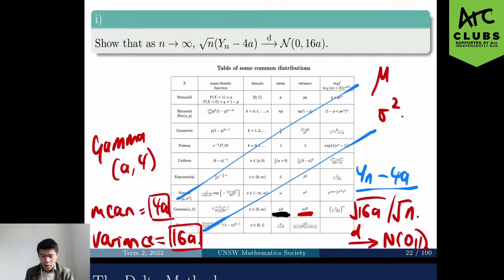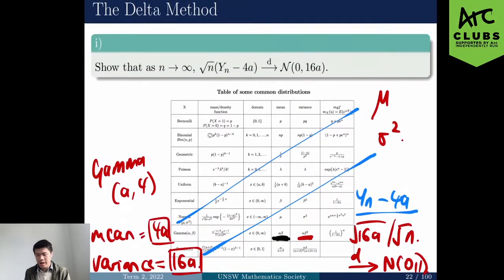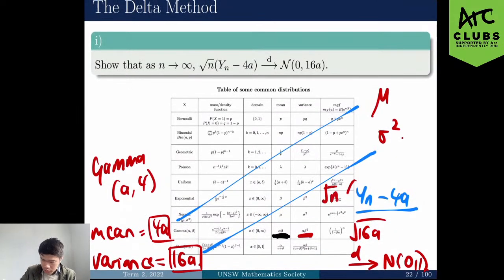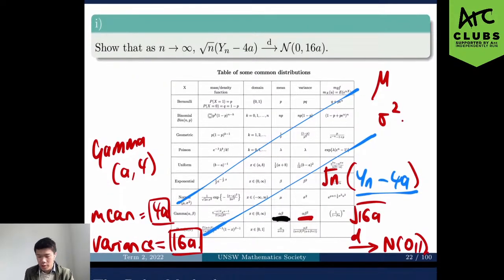That's pretty good. We're actually not there yet though, because they write it in a bit of a different way. But you can see that what they've done is they just moved root n to the top. So we take this, and that's really close. The only difference is that we have a root 16a on the bottom, they don't. Well, that's really simple.